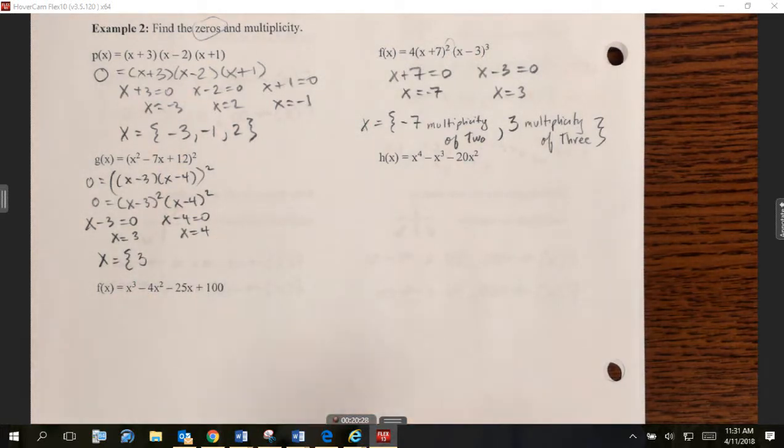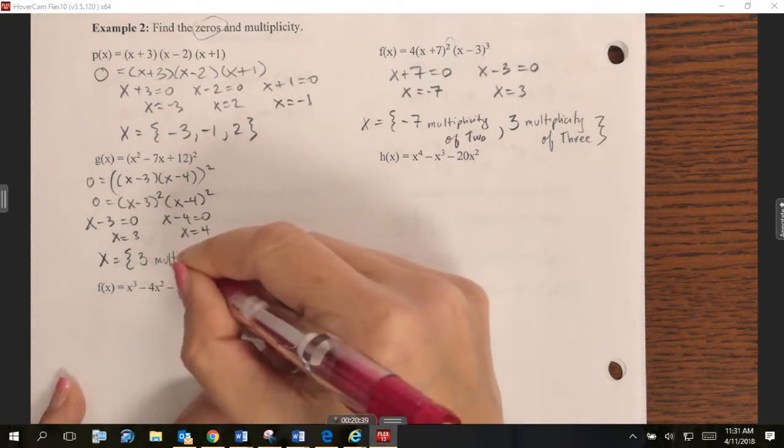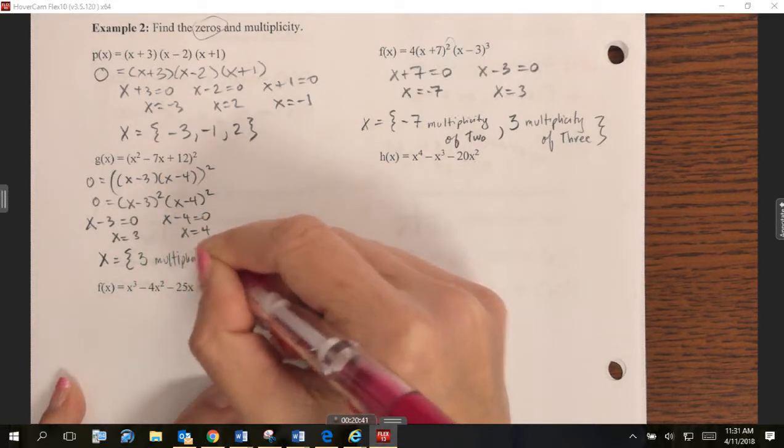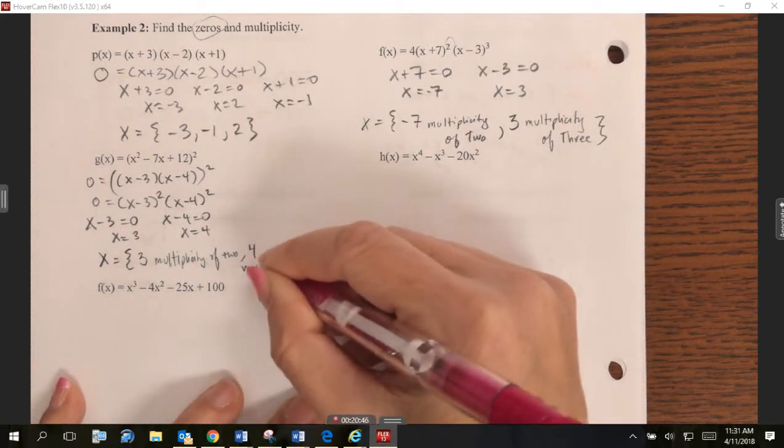I factored that, and because the whole thing was squared, we've got 2 of each factor now. So I've got 3 with a multiplicity of 2, and 4 with a multiplicity of 2.